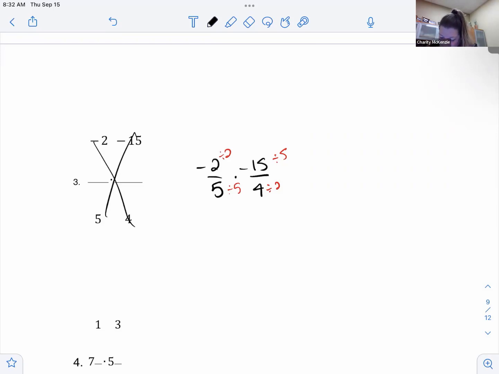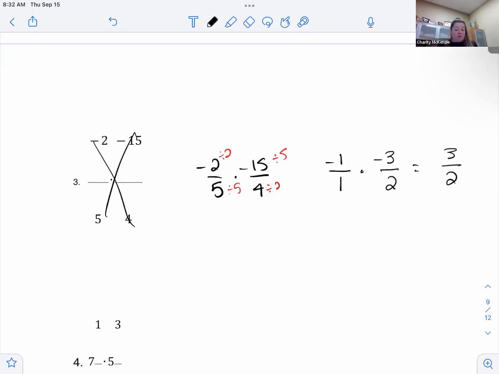So when I do that, I'm going to have negative 1 here. 5 divided by 5 is 1 here, times negative 15 divided by 5 is negative 3, and 4 divided by 2 is 2. Okay, and now if I multiply straight across, I'm going to get positive 3 over 2, or 3 halves.